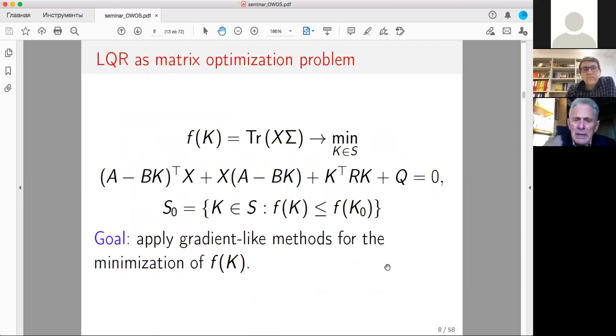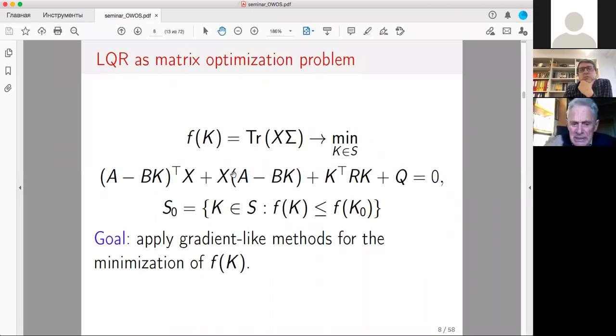Okay, after these transformations, we can get our optimization problem in the following form. Our objective function is equal to trace of X times sigma, and we should minimize it.